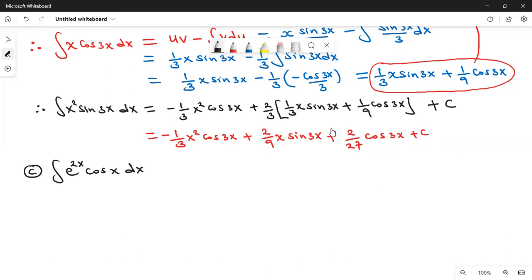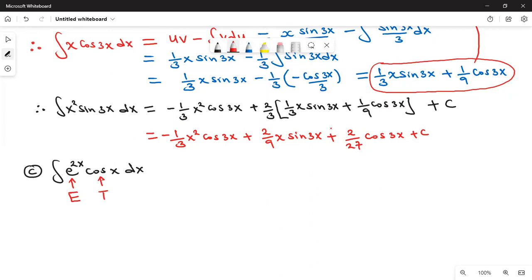So again, using the parts formula, let's classify these functions. That is exponential, and this one here is trigonometric. By the LIATE rule, we encounter t before e.